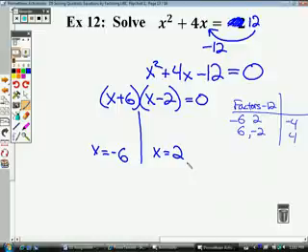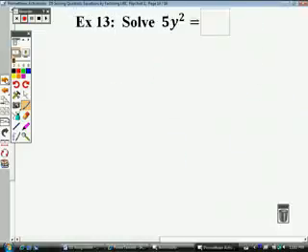Okay, 13. All right, number 13. It's got a blank in here. Fill in this blank. 5y. Okay, it's supposed to say equals 0.